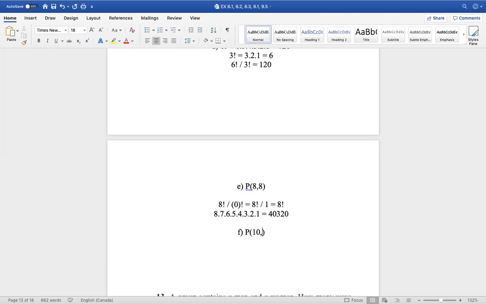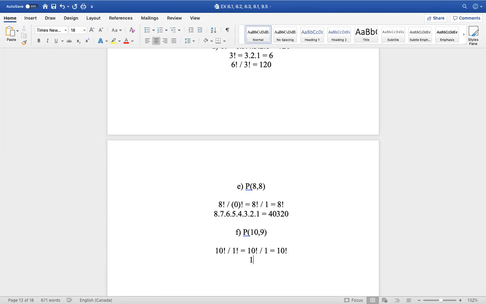So we have P10.9. What we do is just like before, 10 factorial divided by 10 minus 9, which is 1 factorial. So 10 factorial divided by 1 factorial is 1, so this is 10 factorial itself.